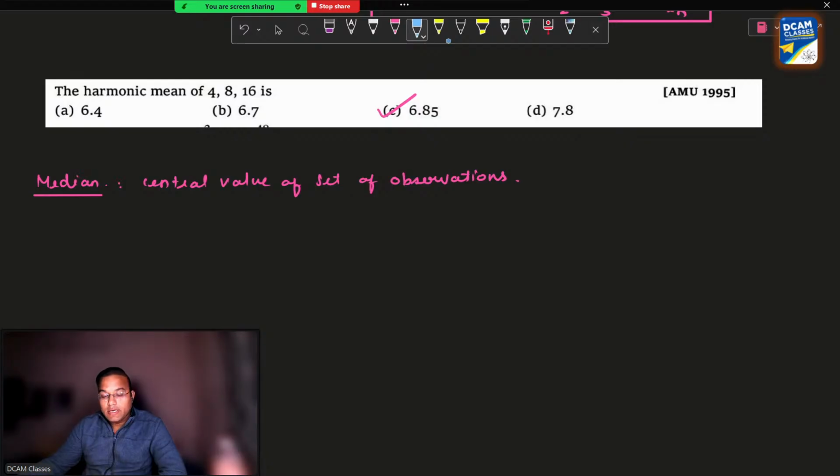Now, how do we calculate the median? For individual series, you need to arrange them in increasing or ascending or descending order.